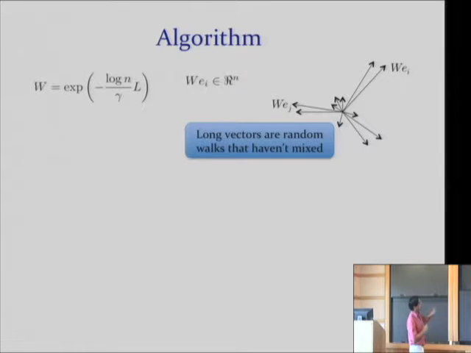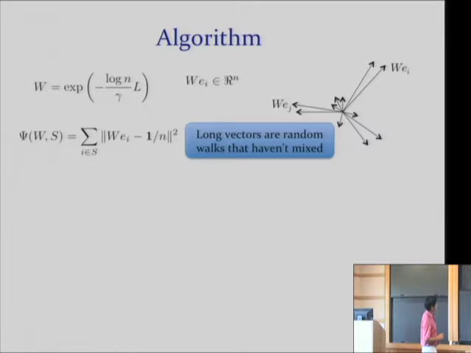So, long vectors in this random walk. What is each vector? Each vector is just the transition matrix applied to a random walk starting from one vertex. A long vector means that it's a walk that has not mixed well. Intuitively we want to think of, for example, this bunch of long vectors here as a small cut of low conductance in the graph.